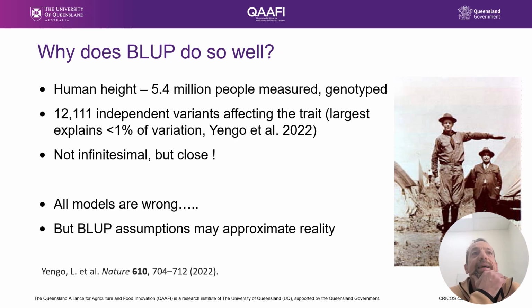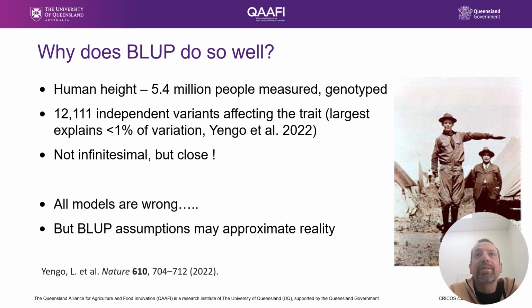And I'll use the example here of a classic complex trait, which is human height. So in this study, to look at the genetic architecture of height, 5.4 million people were measured and genotyped. So a huge data set.